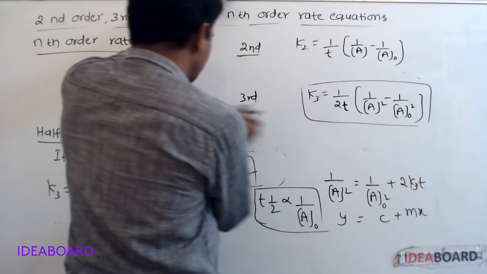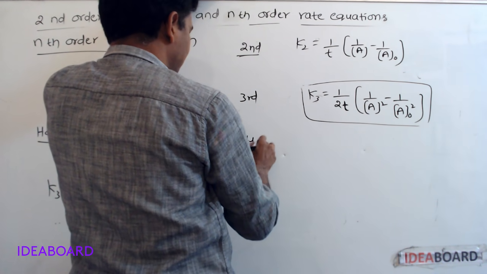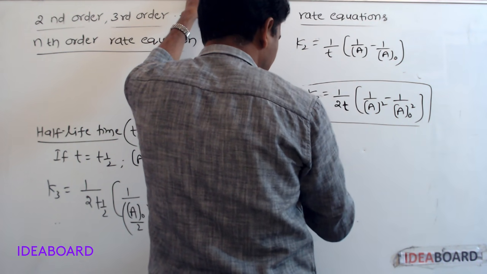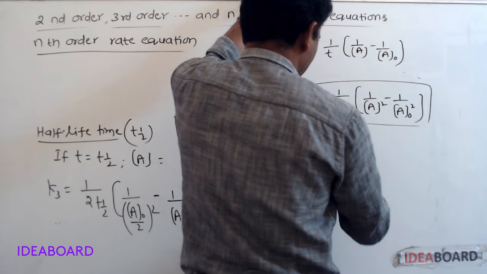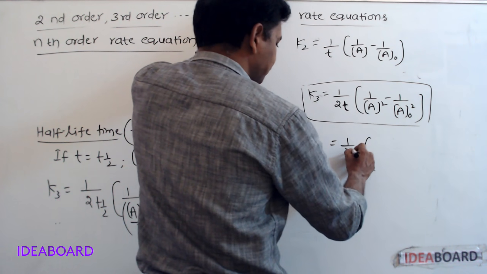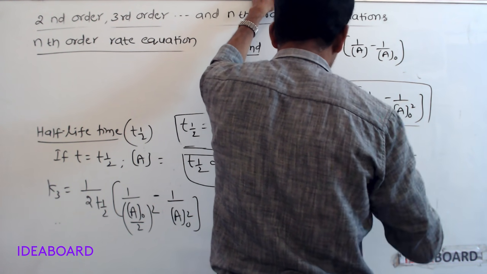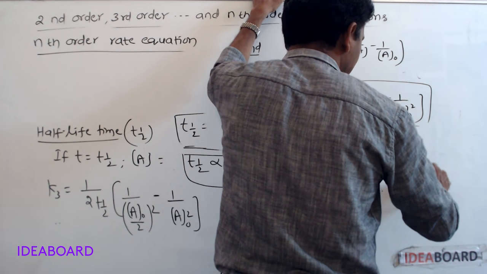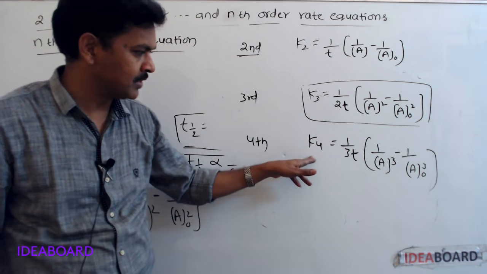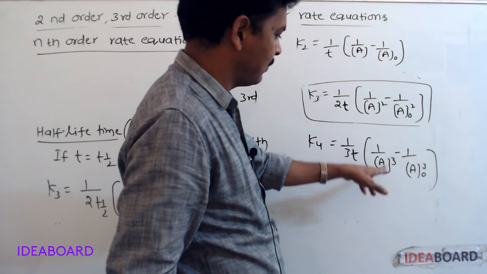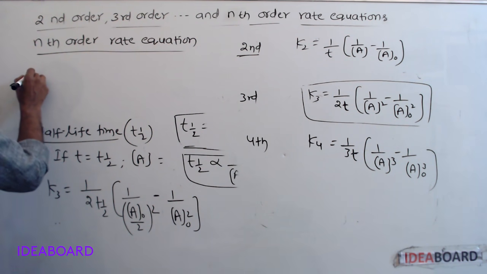For fourth order reactions also we can write like this: K4 is equal to 1 by 3T into (1 by A cube minus 1 by A naught cube). Like that for nth order reactions.